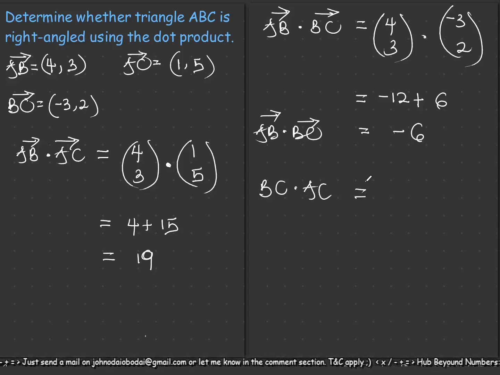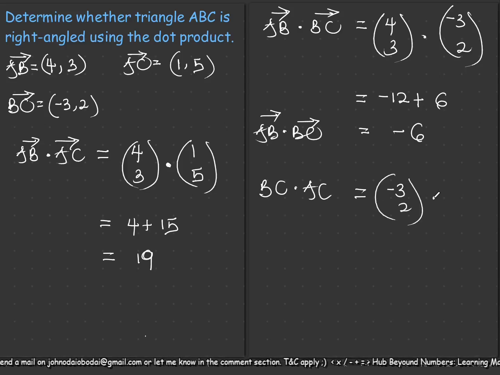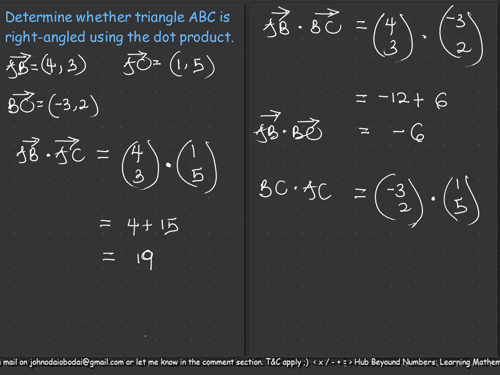Now, per what we've done so far, even if you've not gone through the dot product lesson, per this example, you should be able to solve for dot product by now. Now, if our BC is (-3, 2), and we want its dot product with AC, and AC is (1, 5). You can pause at this moment and try and evaluate that.